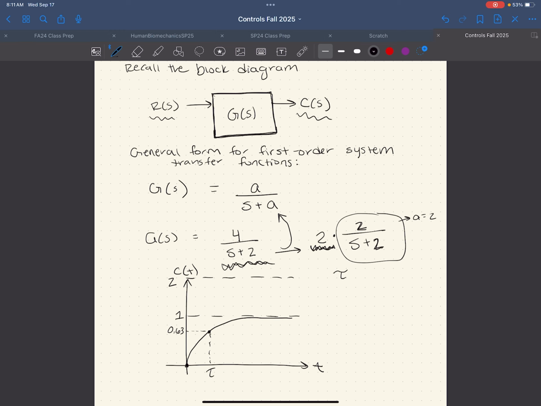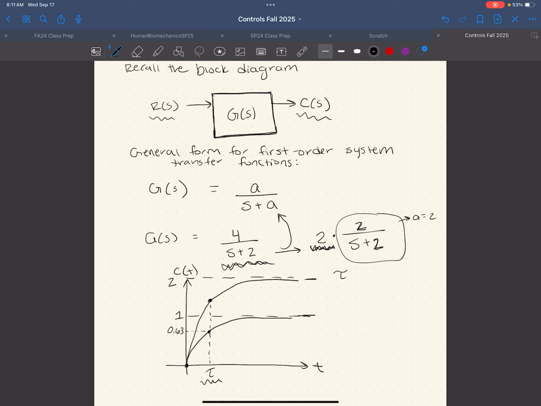So if 63% of 2 is maybe somewhere up here, we still reach that value at time constant tau. Looks something like that. So this stays the same, but the amplitude of our final value is multiplied by 2.